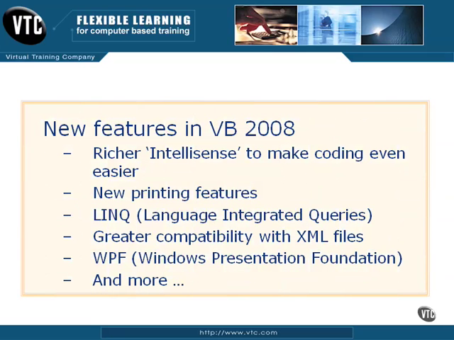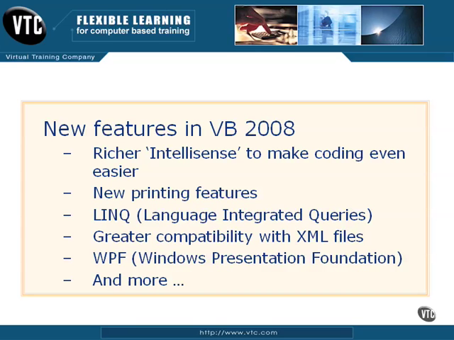If you're familiar with Visual Basic and its previous editions, there are some new features that are now available in the 2008 version. There is a richer IntelliSense, which makes coding even easier. As you begin to write code, you will be given a tremendous amount of feedback and help as you enter code, and the IntelliSense will make suggestions for you, which greatly reduces errors and the time that it takes to create applications.